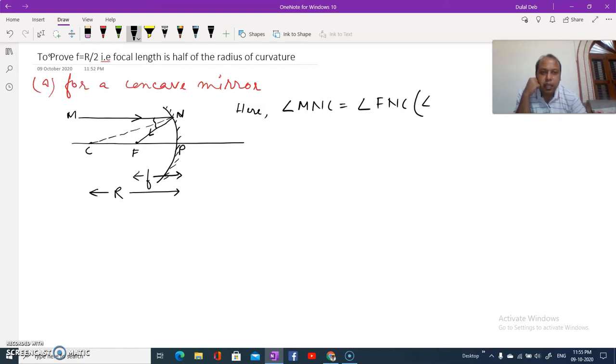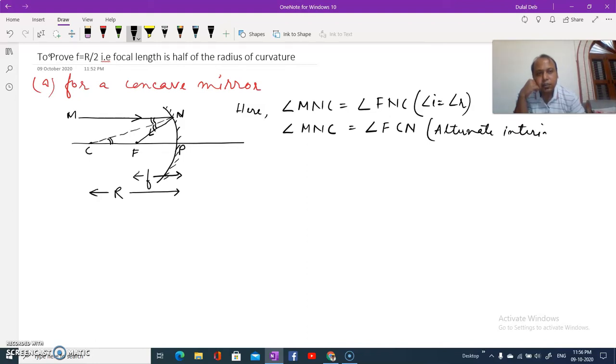The reason being, angle of incidence is equal to angle of reflection, that we know. Further, this angle of incidence is also equal to this angle, alternate interior angle. So we can also write here angle MNC is equal to angle FCN. We can write here it is alternate interior angle.